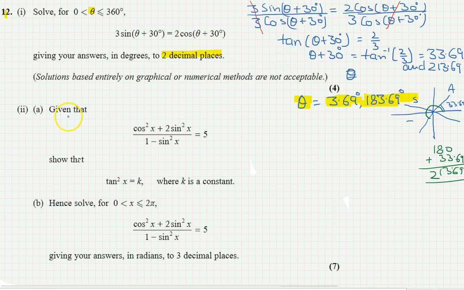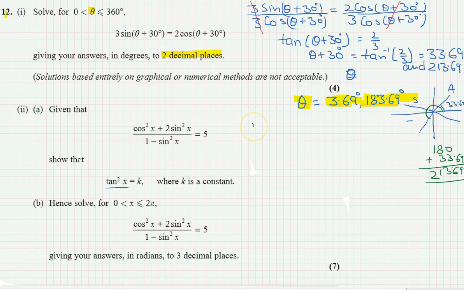Second part is, given that, show that tan square x. So because we have to show tan square x, we try to convert it into tan square x. Let's use different color for this. All this, let's say black.